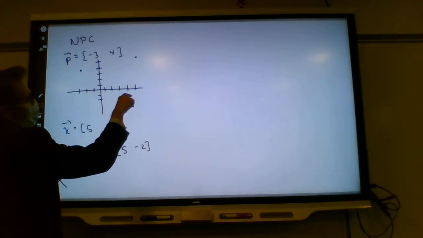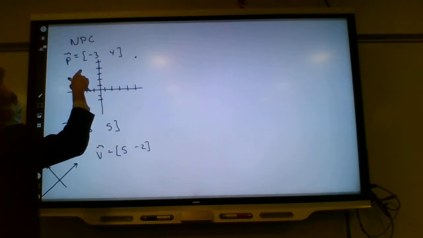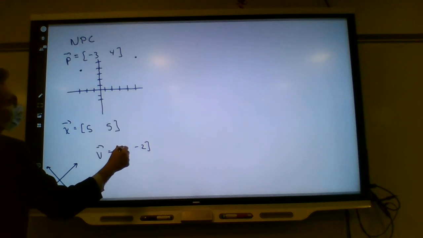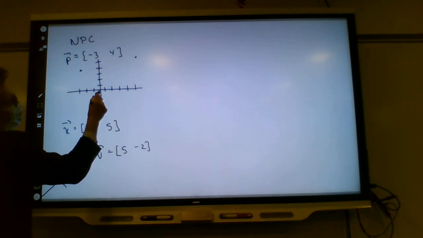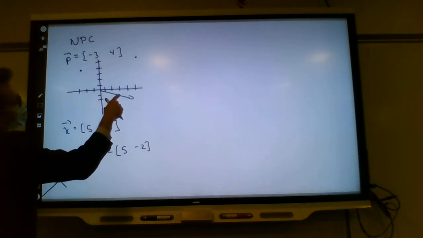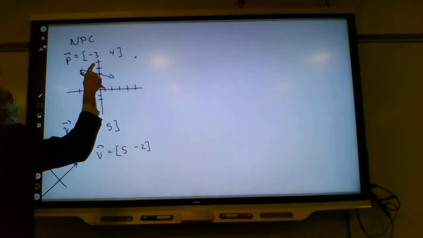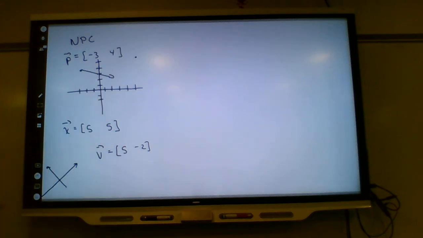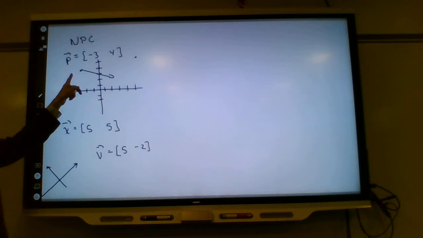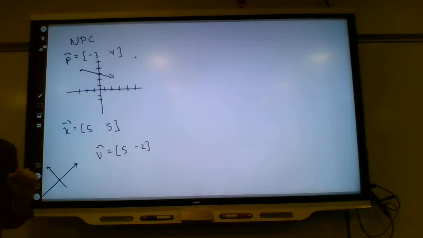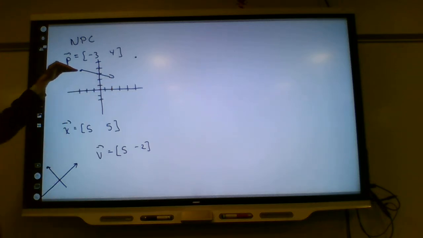So we're not facing the point 5, -2. From the character, we are facing in the direction of this vector. So this vector is that direction. Over 5, down 2. All right, so this is the direction that the character is facing.